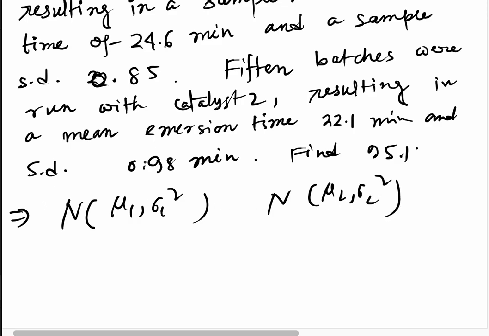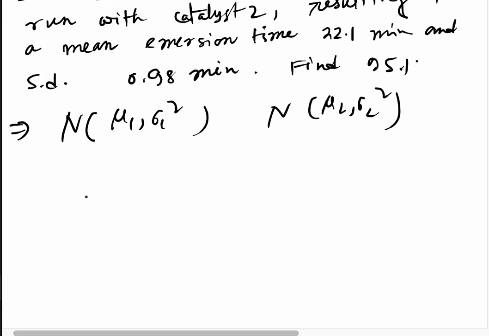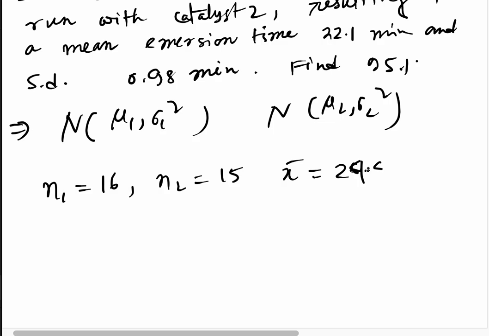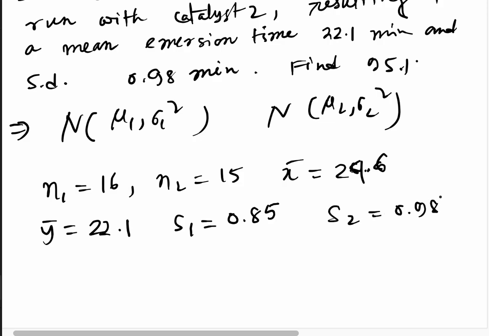The known quantities are n1 is 16, n2 is 15, x bar is 24.6, y bar is 22.1, s1 is 0.85, s2 is 0.98.